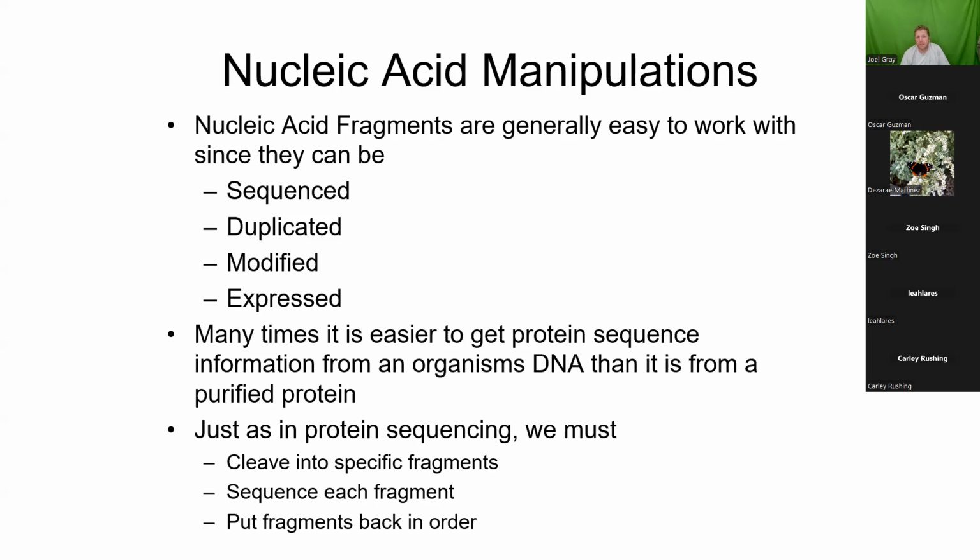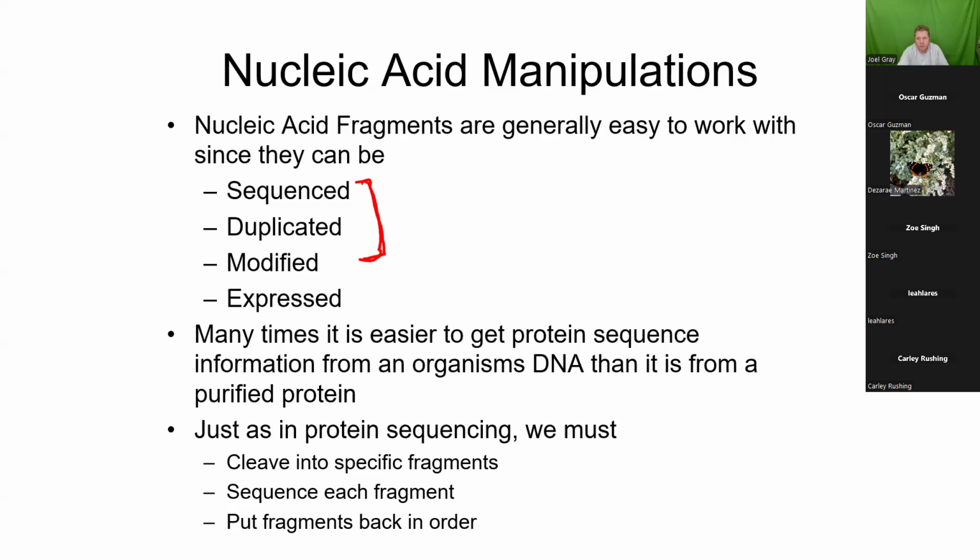Nucleic acids are great because they can be manipulated. Nucleic acid fragments are generally very easy to work with since they can be sequenced, they can be duplicated, they can be modified, and they can be expressed. Now, these three techniques can be done using the same instrumentation for PCR.